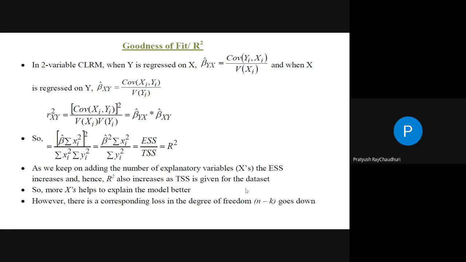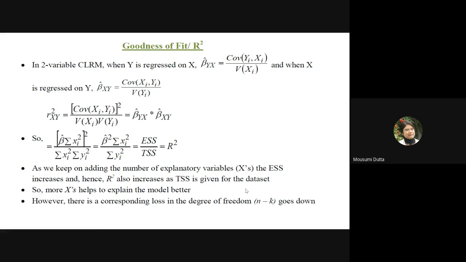The minimum will be 0. So what does 0 mean here? The explained sum of squares is 0 relative to TSS. The variable we are considering in yi is not working at all. Xi cannot explain yi.